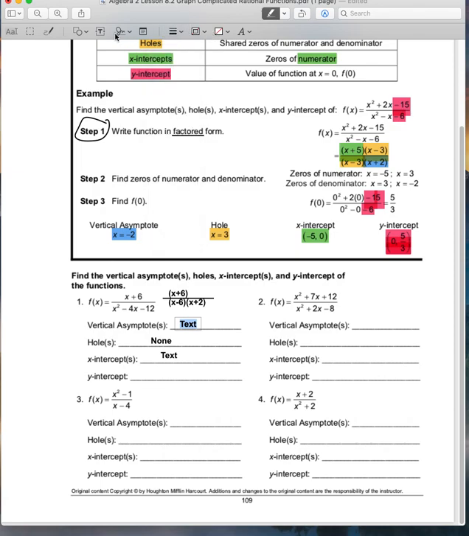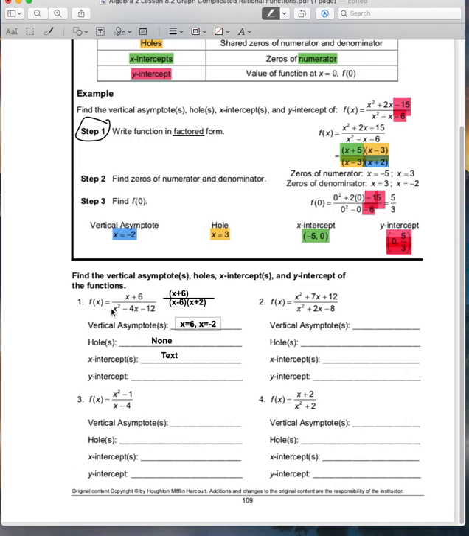I'll just type in their vertical asymptotes, their lines. So it's x equals 6, because that's what makes x minus 6 zero, and x equals negative 2. And that's what makes x plus 2 zero.